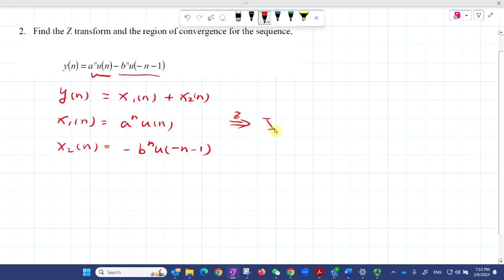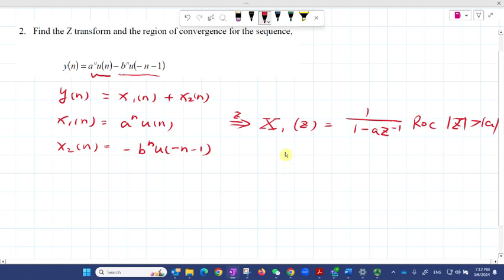we get capital X1(z) equals, that's what we're familiar with. We just did that in the first question, 1 over 1 minus a z to the order of negative 1. So this is also from the table. And there is the ROC, which is that z has to be larger than the magnitude of a.